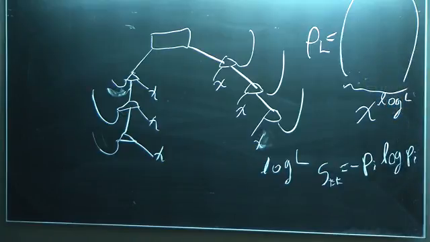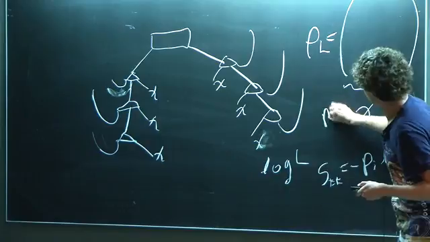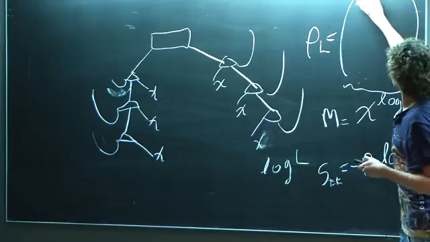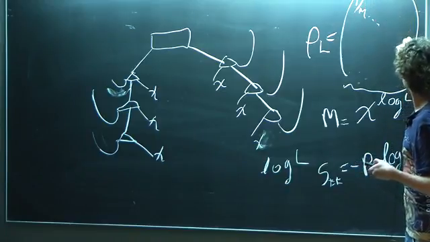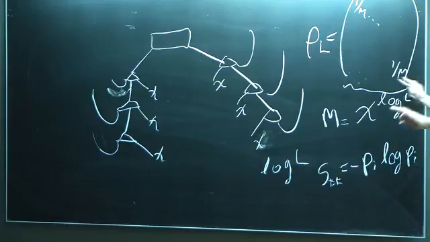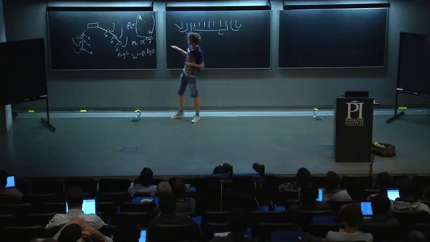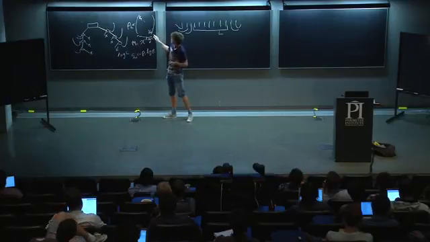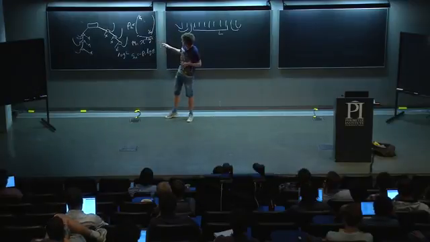And then you have to realize, if the matrix size, let's call it M, is chi to the power log L, that the maximum entanglement entropy you can get is when all of these eigenvalues on the diagonal are all 1 over M. Because in this way, your state is an even distribution of all these states, and this is how you create most entropy. If everything would be in one state, the entropy would be 0, and if it is all maximally mixed, then it's a maximal entropy.